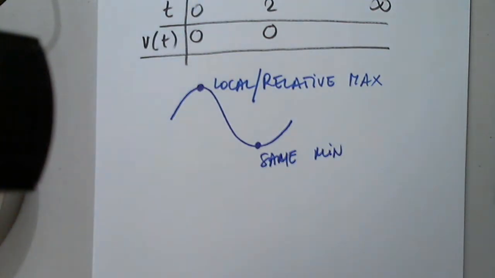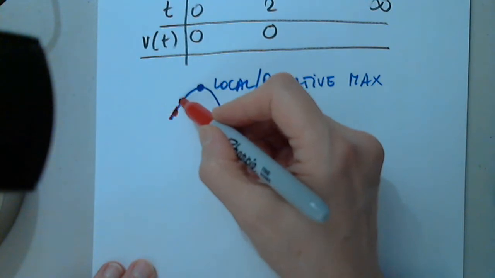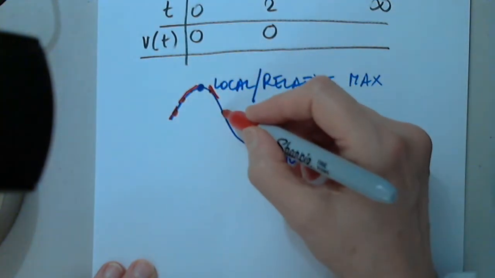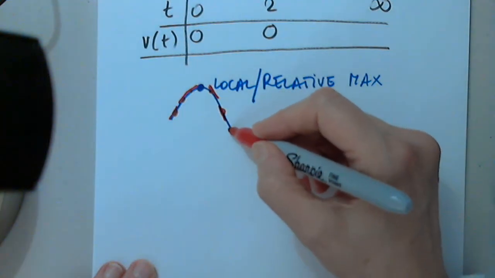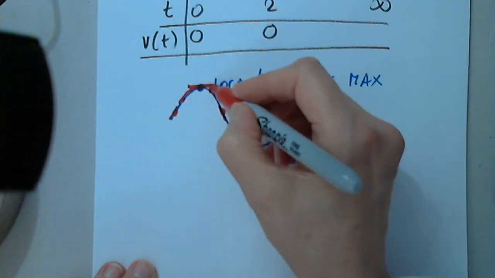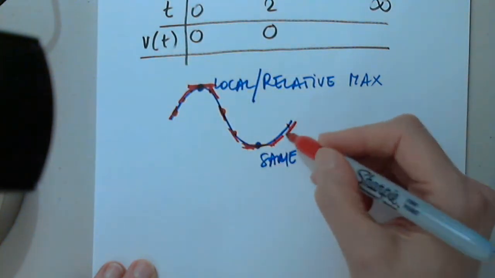So let's draw a few tangents. Tangent here, tangent here, and so on, all along the curve.